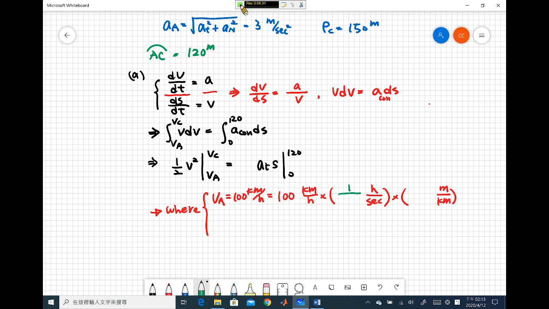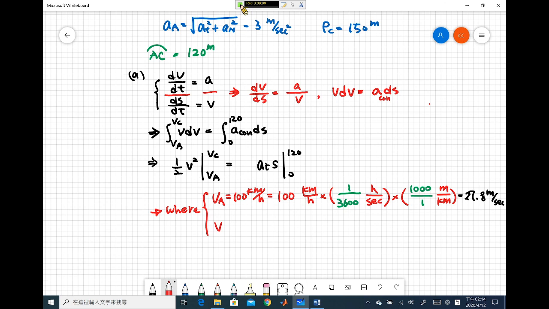Here, 1 hour is equal to 3600 seconds, and 1 kilometer is equal to 1000 meter. Using this, you can derive VA is 27.8 meter per second.